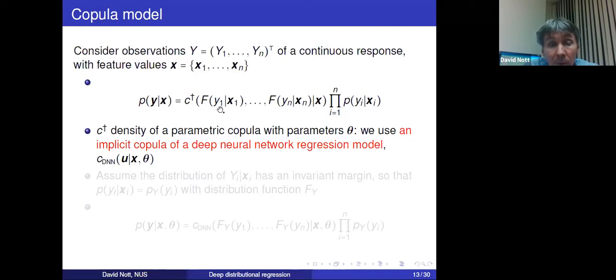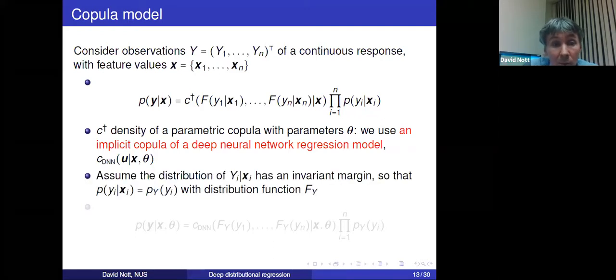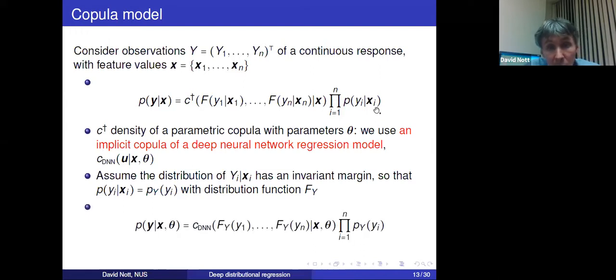And we're going to specify these marginal distributions for the responses as being feature invariant and all equal to a marginal distribution of the response obtained just via a kernel estimate. So it might seem a bit strange to make the marginal distribution for the responses invariant to the features.